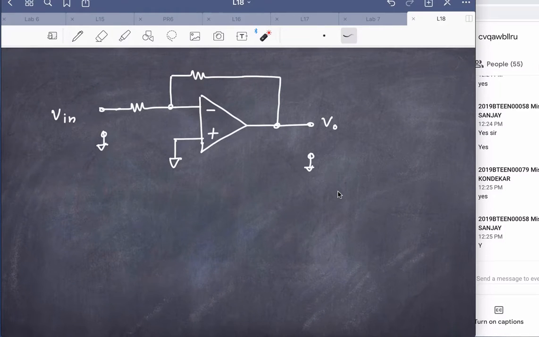So we can provide here some voltage which is adjustable. So how do we do that? We can do it this way.